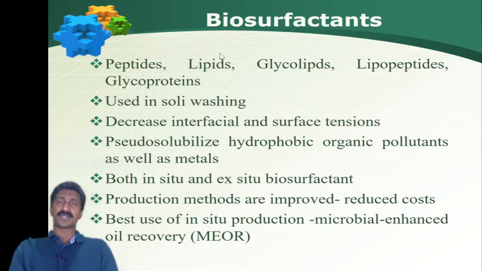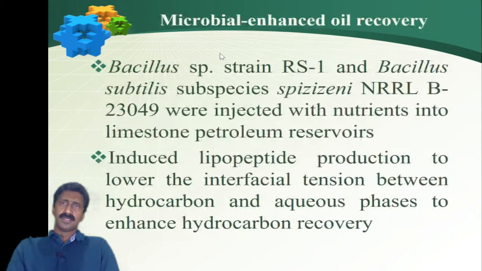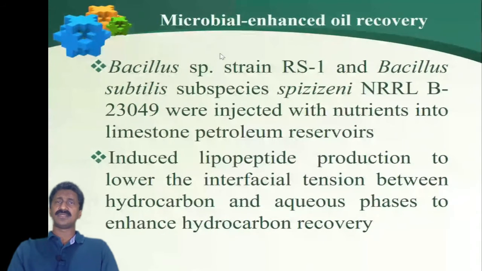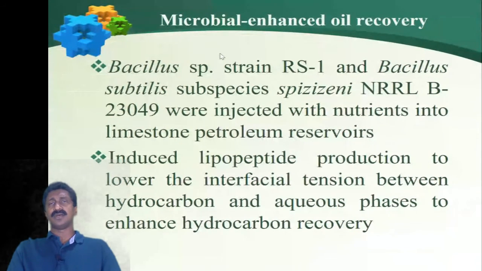The best use of in situ production is the microbial enhanced oil recovery. That is the example in which the reduction in the surface tension will release the trapped hydrocarbons which is present in the oil wells. That is a MEOR. So one example is Bacillus species strain RS1 and the Bacillus subtilis species spicini, that is another strain, were injected with nutrients into the limestone petroleum reservoirs.